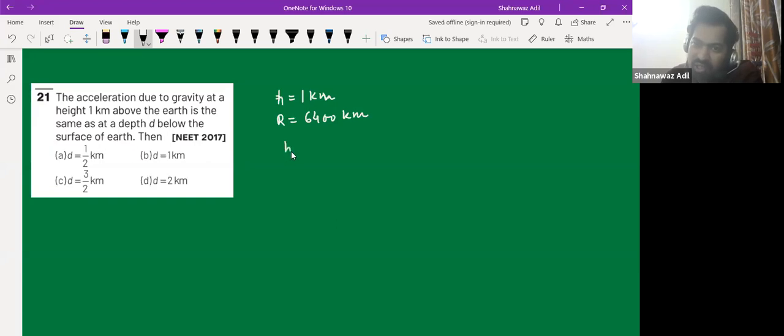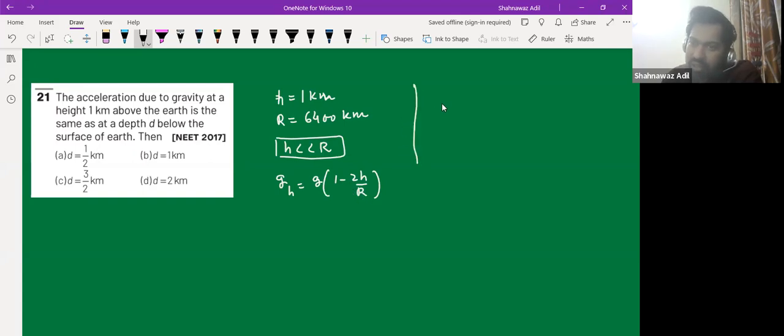So h is pretty small compared to the radius, so we can use this: g at height is g, 1 minus 2h by R.